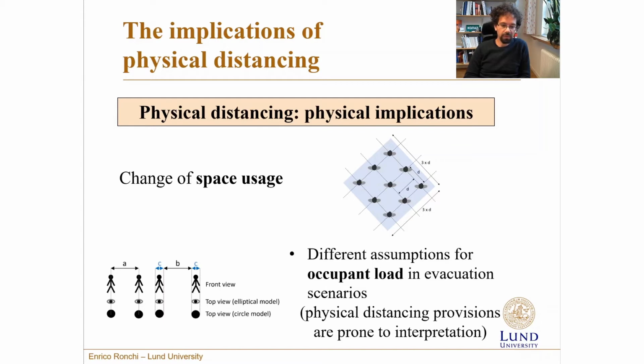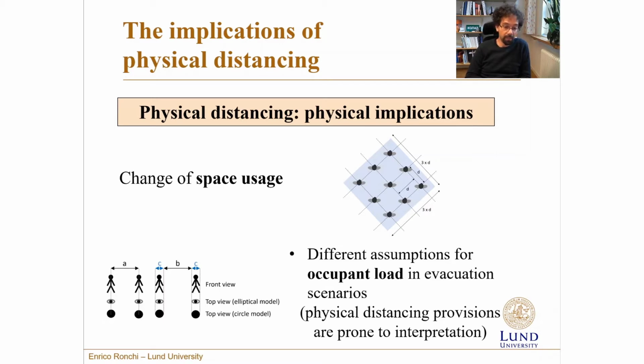Evacuation models may use different assumptions for representing people, like an elliptical model or a circle representation of people, and so on. Then, depending on whether we calculate the physical distance from the center or from the edges, so the interperson distance or the closest points between people, those physical distancing provisions can change how many people we can fit in a given space.